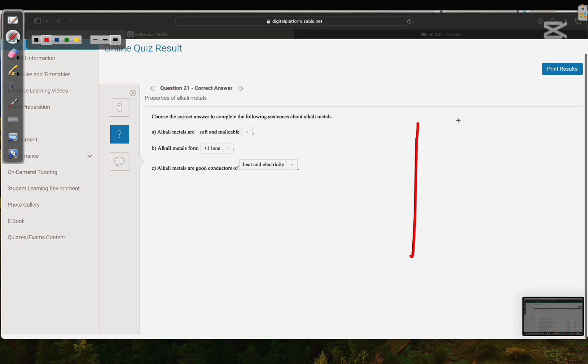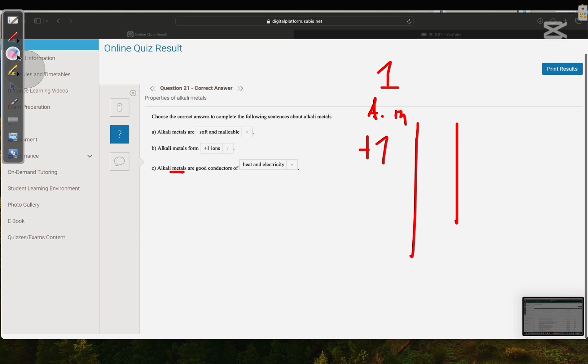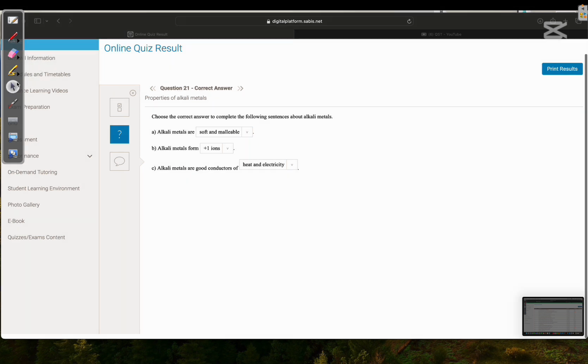This is because alkali metals are in group 1, which is why they form +1 ions. Alkali metals are good conductors of heat and electricity. This is obvious because they're metals, which are also good conductors of heat and electricity.